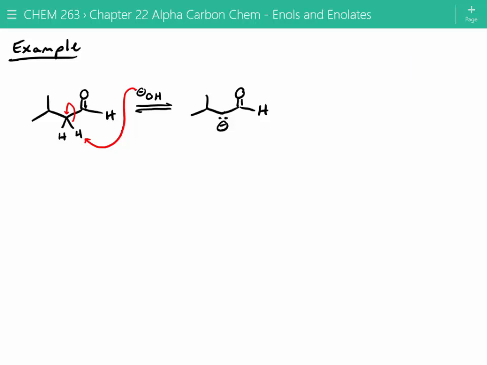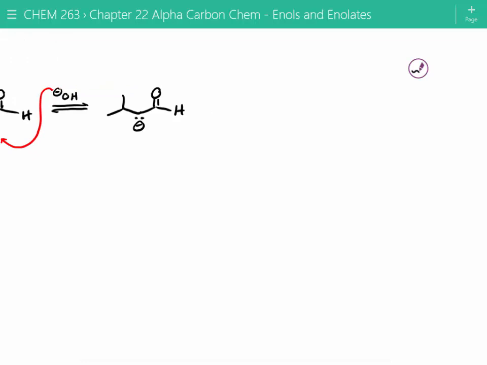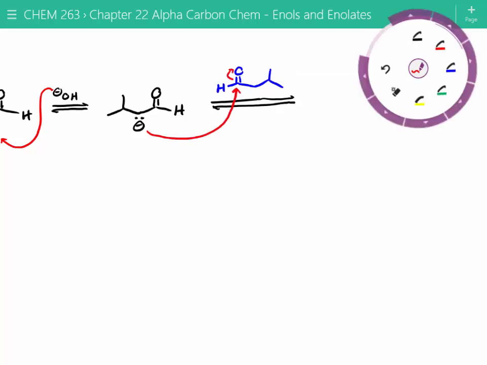All right, and then in the next step, we're going to have this react with another equivalent of aldehyde. And in this case, I'm going to draw the aldehyde a different color so we can see what's going on here a bit better. Okay, so the nucleophile will add into our aldehyde.